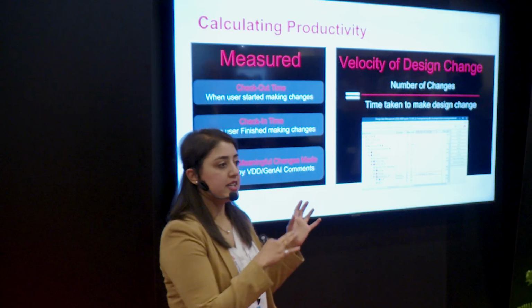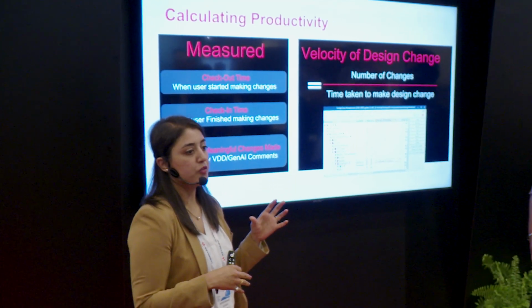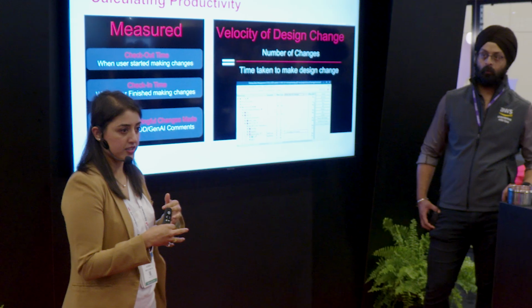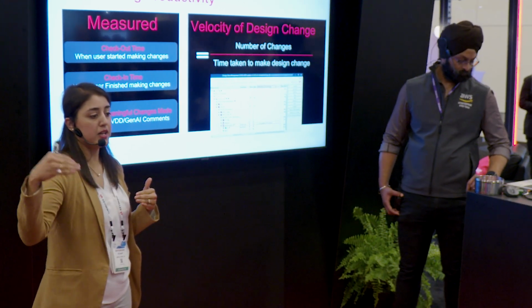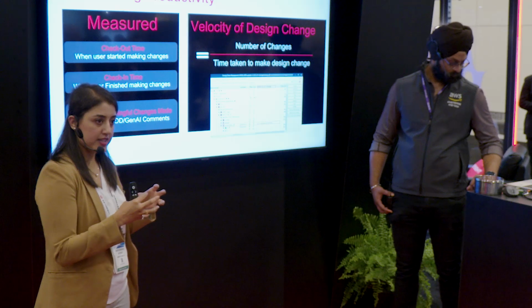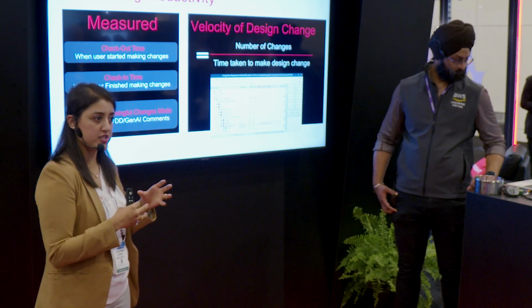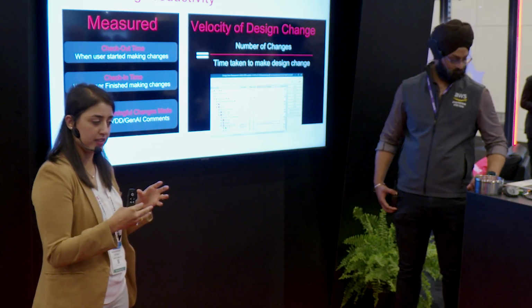So in summary, the whole idea of using GenAI to make your life easier was with the way that it helps to automate and summarize the list of differences and changes that you have made in the design.